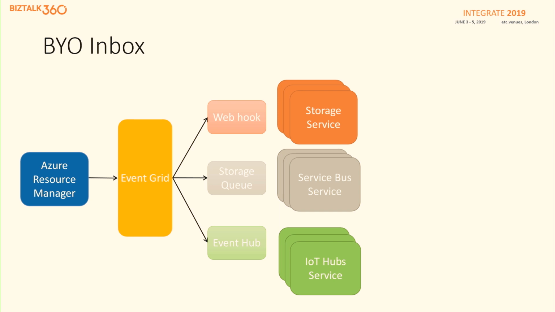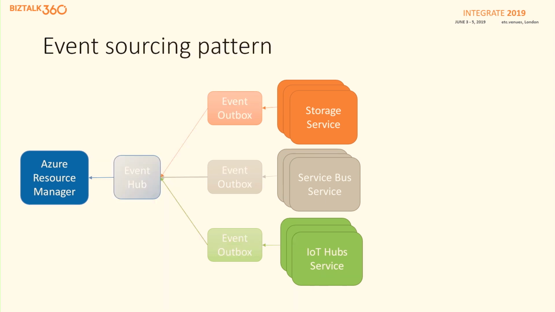So going back here, each service has an outbox and it's publishing to the inbox of every other service. And then on the other end, each service has an outbox and is publishing to the inbox of any service that's interested. And so what you now have here is a highly connected web of all of your services, but we've broken away from a hub and spoke model where Azure Resource Manager needs to sit in the middle.